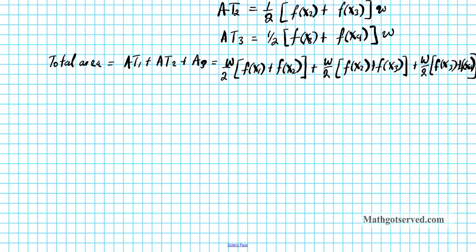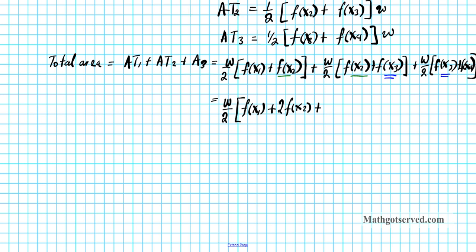If I simplify this, I'm going to end up with the following. The area in this situation is going to be, I can factor out w over 2 from all of them, and what do we have next? You notice that f of x1 is just by itself, f of x1, plus, now f of x2 shows up twice in trapezoid 1 and trapezoid 2. So that's why the interior heights are doubled because of that situation. So you have times 2 f of x2 plus, and if you look at trapezoid 2 and 3, these two repeat themselves.